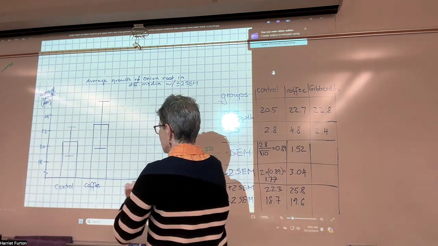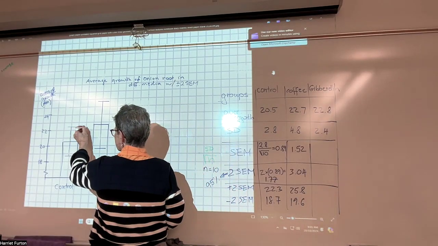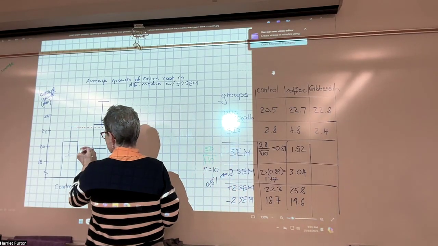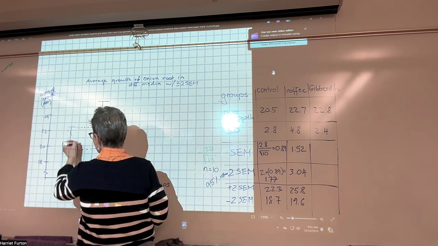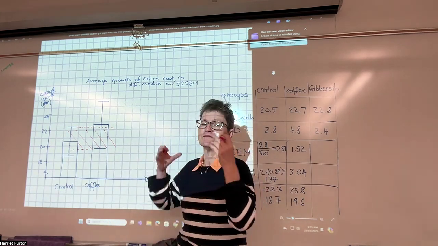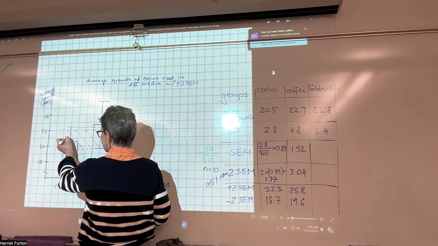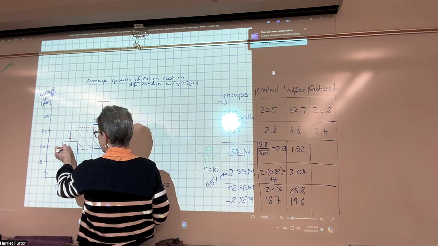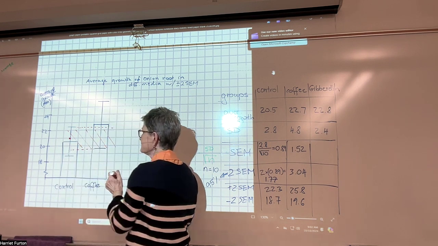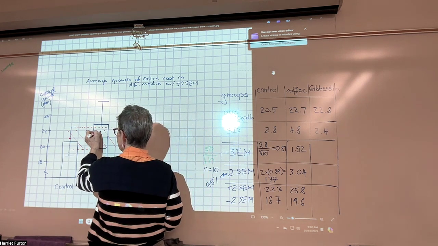Now, what does it mean? If we check this and check that, this is an overlapping area. So the true mean for the negative control can be here, and the true mean for the coffee can be here.